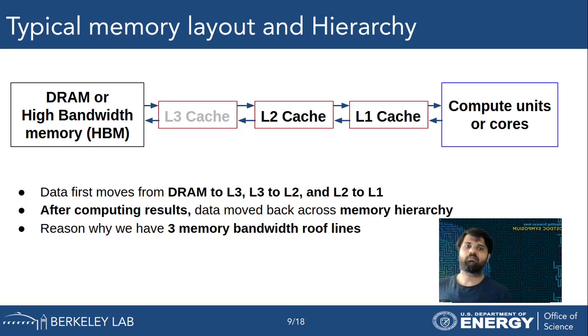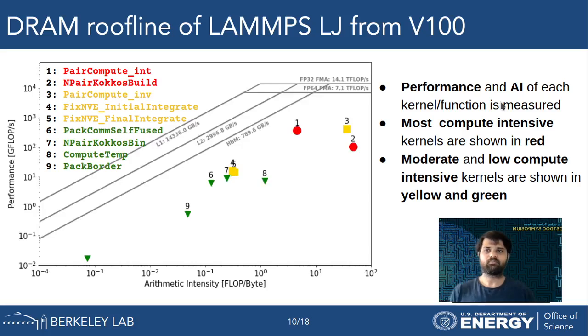So this is important because moving forward, when I show you the results of the roofline plot, there will be 3 lines, each of them representing the bandwidth limits of DRAM, L2, and L1 cache. If we look at the DRAM roofline, meaning that this data was measured on the data movement to the DRAM level of the memory, we can see that the DRAM roofline of the Lennard-Jones potential has multiple constituent parts.